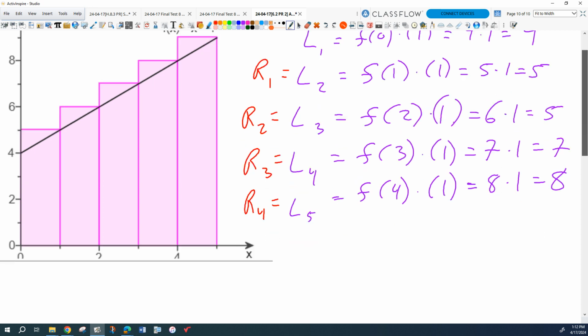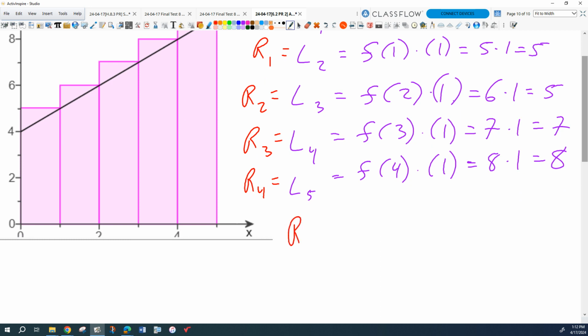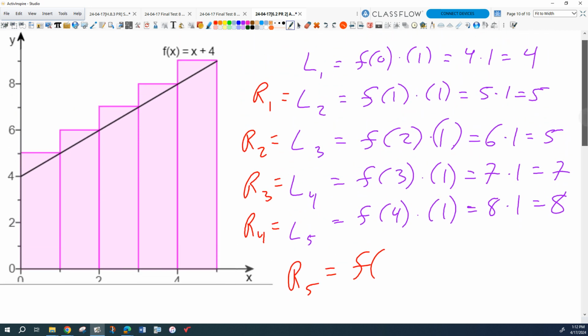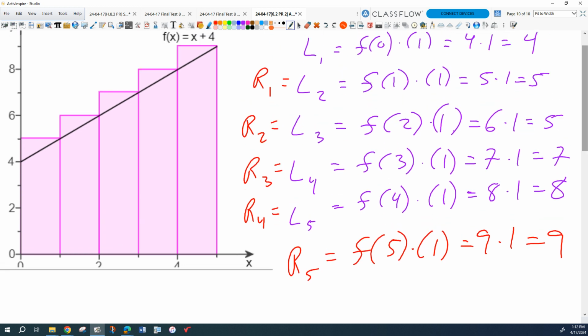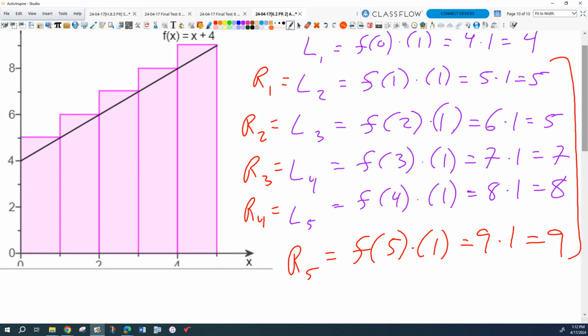The only one that's going to be different is R sub 5, the fifth right rectangle. The height of the fifth rectangle occurs at x equals 5. So I would do f of 5 times 1, which gives me 9 times 1, which is 9. So my right sum would just include those four numbers plus this one.